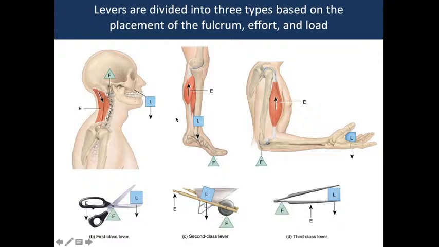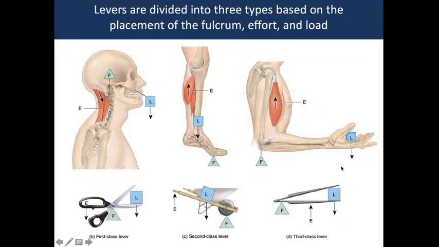And second class levers are when the load is between the fulcrum and the effort. This is a central figure. Here it is visible that the fulcrum is here, but the effort is on the longer arm, then the load point.